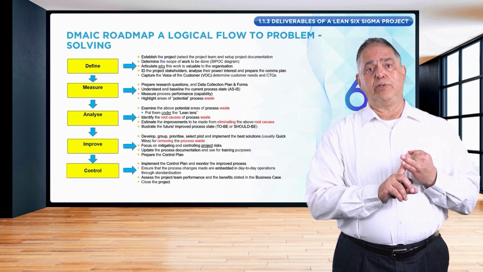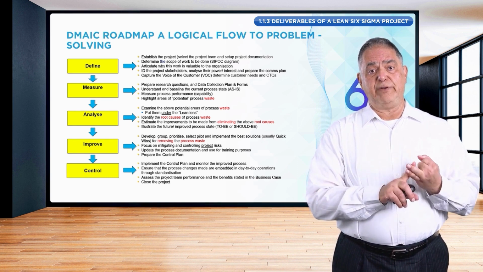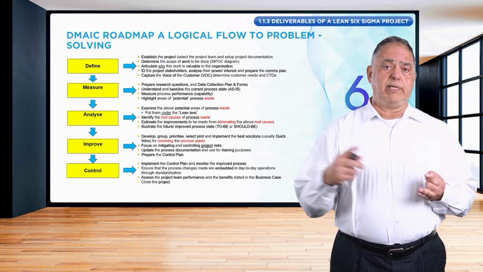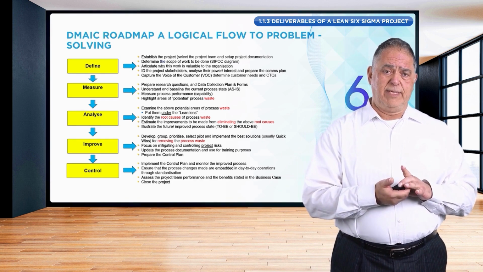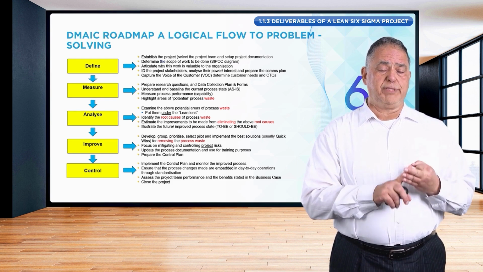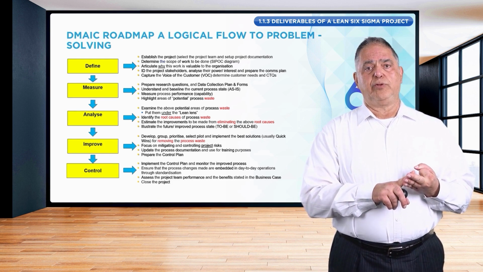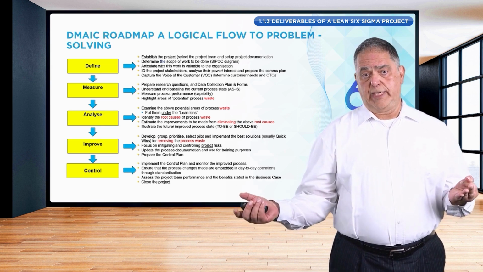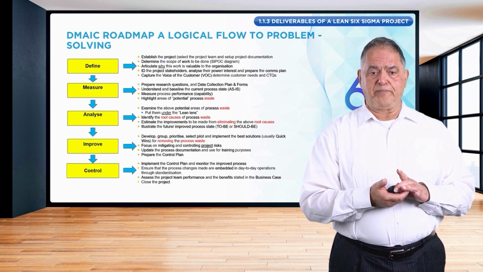Second, we want to verify and validate that the changes we made in the process had the desirable effect. And finally, we want to make sure that the process is ready in order to be handed over from the project to the day-to-day operations.